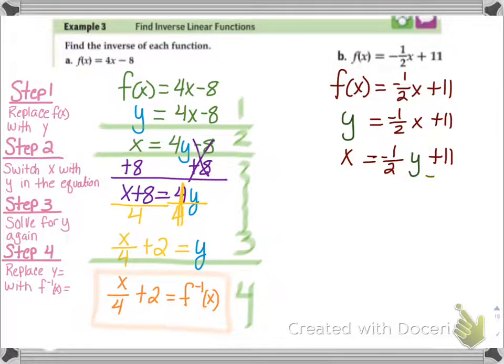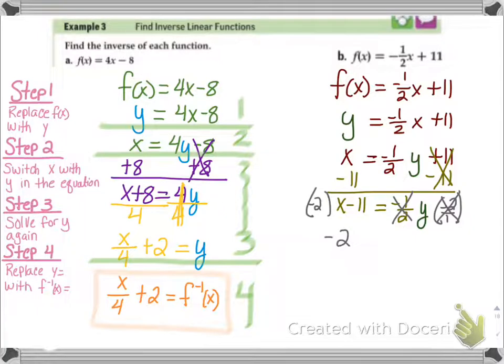Step 3, I'm going to solve for y. So I need to isolate y, subtract 11 to the other side, and I'm going to get x minus 11 equals negative 1/2 y. To get rid of that negative 1/2, I have to do an opposite operation. So I can divide by negative 1/2 or multiply by the reciprocal, which is going to be negative 2.